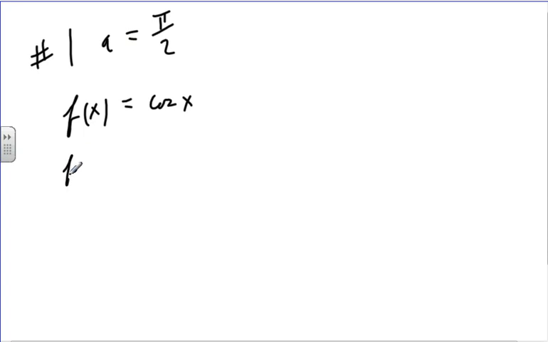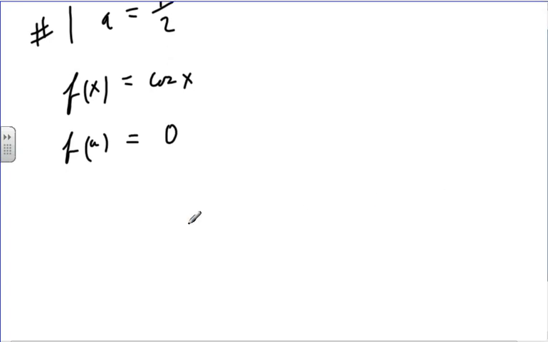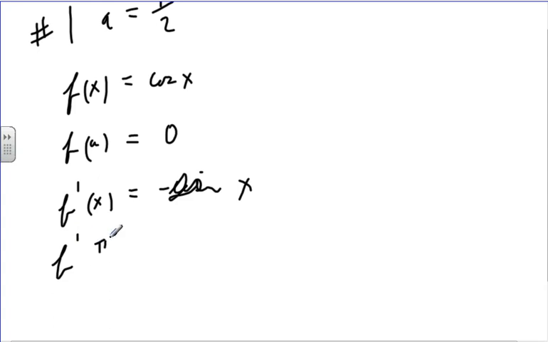So we're going to find f of a, and that's going to be 0. The cosine of 90 degrees is 0. F prime x is minus sine x. F prime at pi over 2 is going to be minus 1.